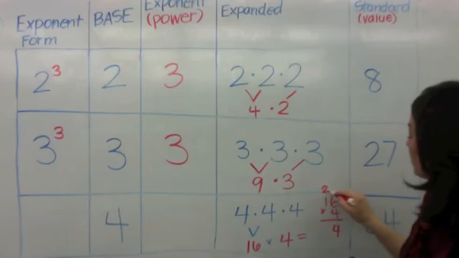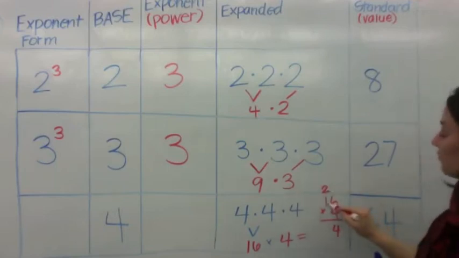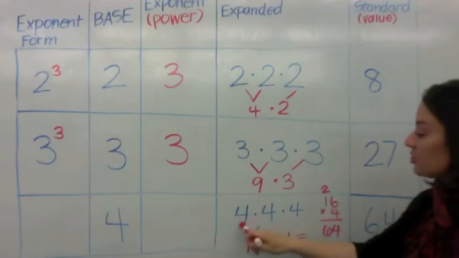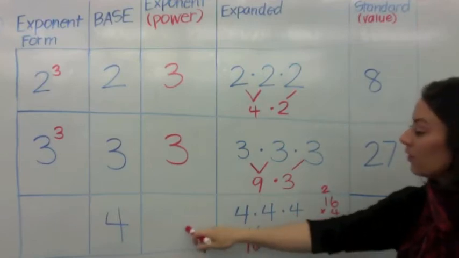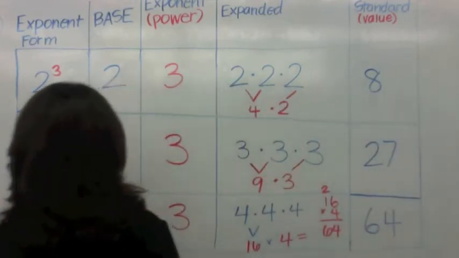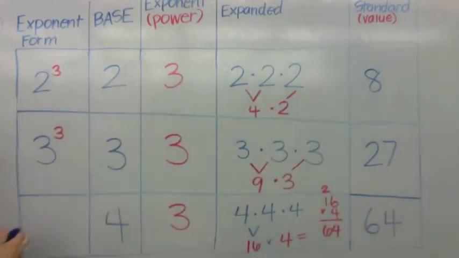Carry the 2. 4 times 1 is 4, plus 2 is 6, so 64. So how many 4s do we have here? You have 3. Oh, they all have the power of 3. Okay, so you write it in exponent form as 4 to the power of what? To the power of 3. Very good. Go ahead and get that down.